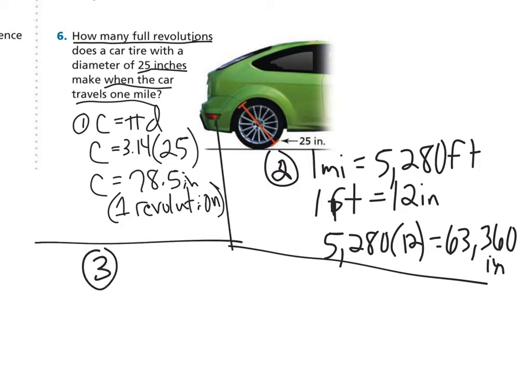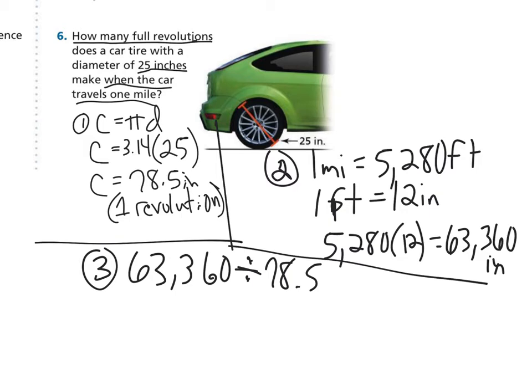We know 1 revolution is 78.5, so to figure out how many revolutions, we're going to divide these. So 63,360 divided by 78.5. In other words, how many 78.5s do I have till I get to 63,360? We know our answer has to be less than 63,360 because the wheel is going more than 1 inch for each revolution.